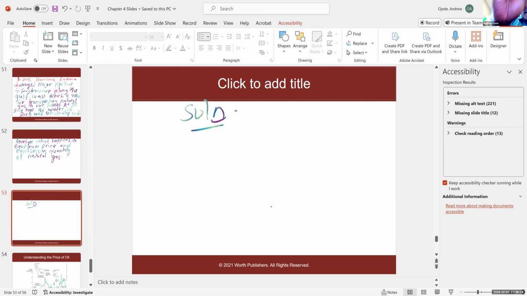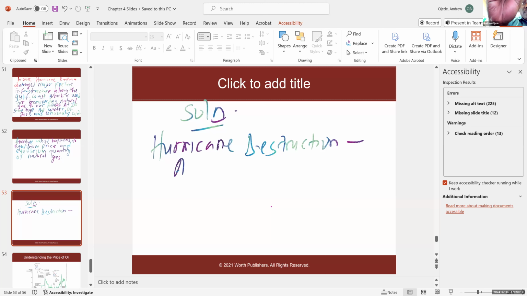So we know that hurricane destruction is going to lead to a decrease in supply of natural gas, because the hurricane destroyed pipeline infrastructure. So the supply curve is going to shift to the left. A decrease in supply means you shift the supply curve to the left.